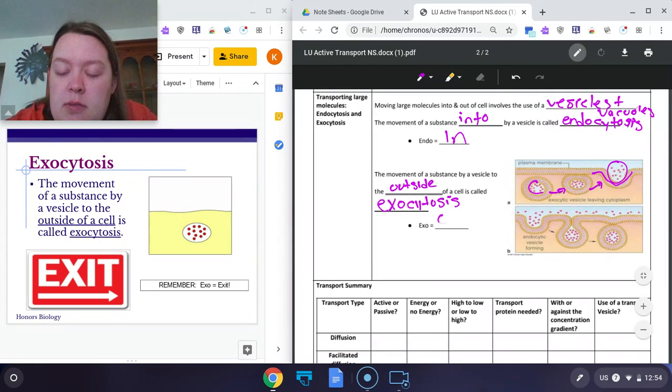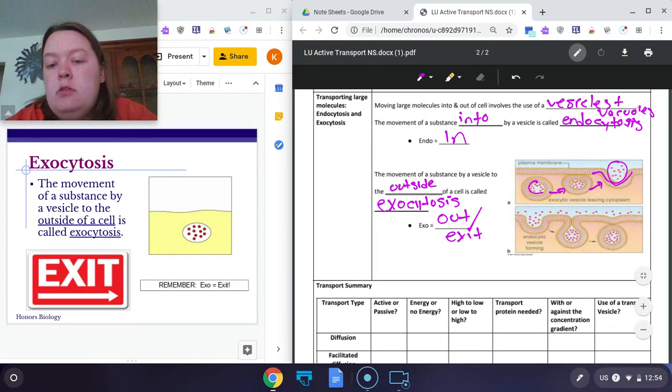So exo means out or exit. So endocytosis, moving something into the cell. Exocytosis, moving something out using a vesicle. So the cell membrane is actually going to create a little vesicle coming in or going out.